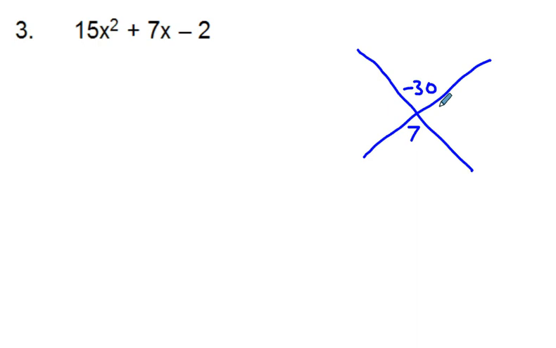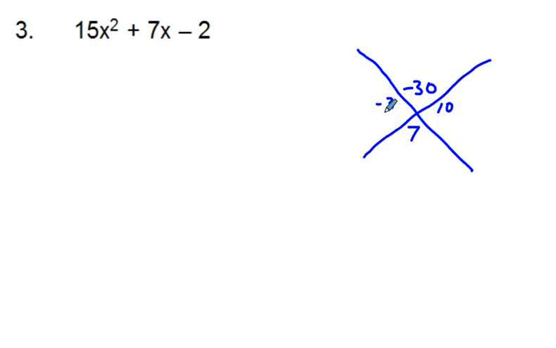So what two numbers, when added together, when multiplied together, I think 3 and 10, right? Because 3 and 10 are 7 apart. So I'm going to put 3 and 10. And so one of these is going to be negative. And I think it's going to be this negative 3 here because that's the smaller number.